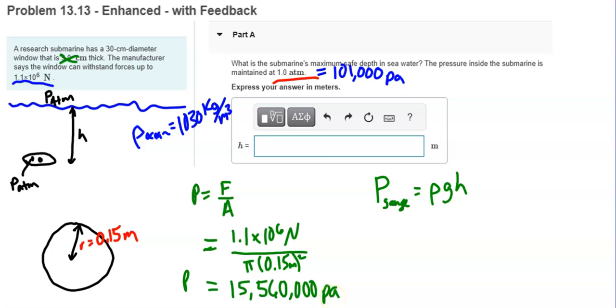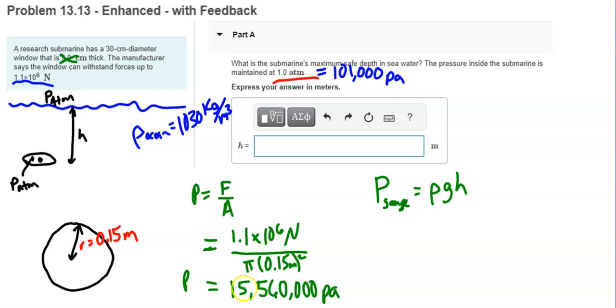15,560,000 pascals. It would be better on your calculator to just carry all those digits and not lose anything. But anyways, I got that, and the way you calculate pressure due to depth in a fluid is you calculate gauge pressure based on the height.